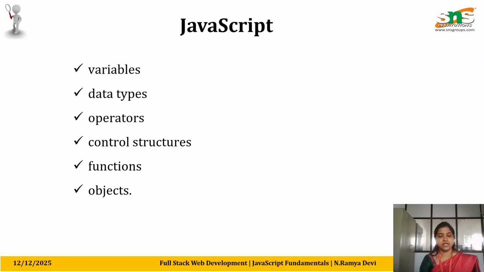JavaScript also uses variables. The variables can be given at runtime, and it can use any type of variable, like string or integer and float or double. And the data types like integer, string, and float will all be dynamically typed in JavaScript.